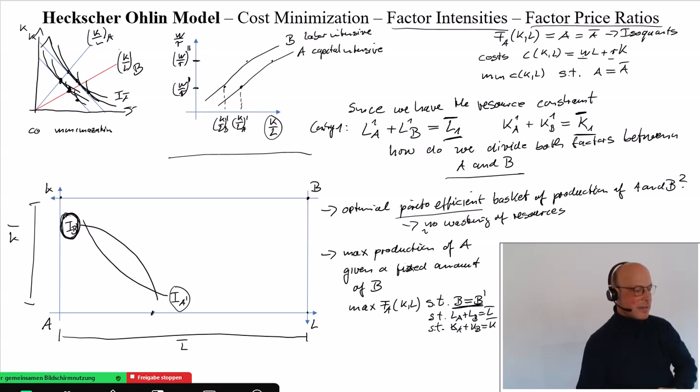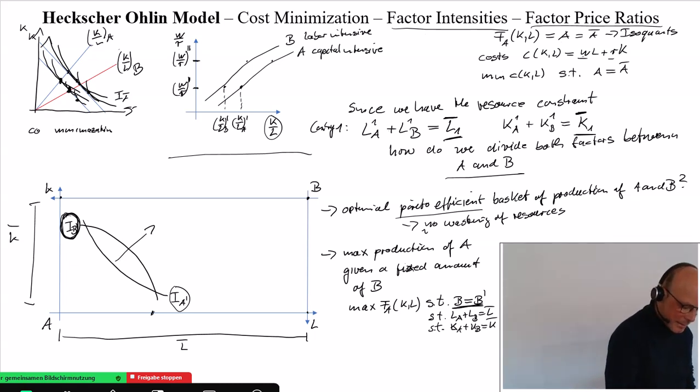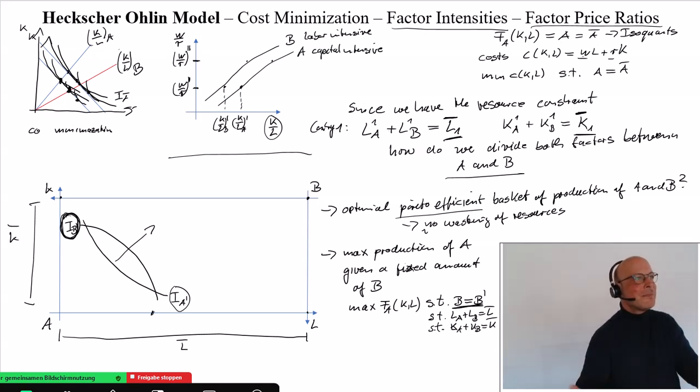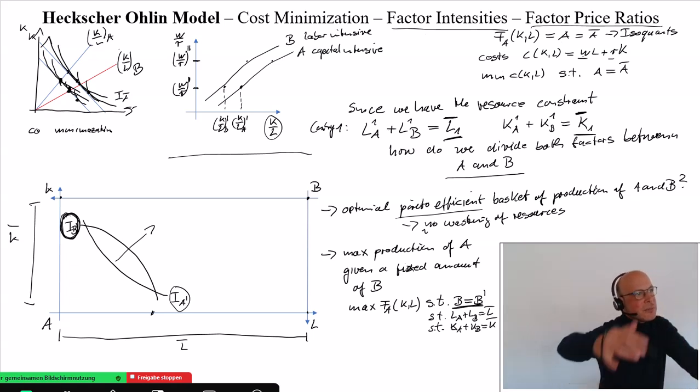And as far as possible means the most outward lying isoquant which would be possible. And again, as we had it here, where we have the restriction by a linear line, now it's just our isoquant which is the restriction.